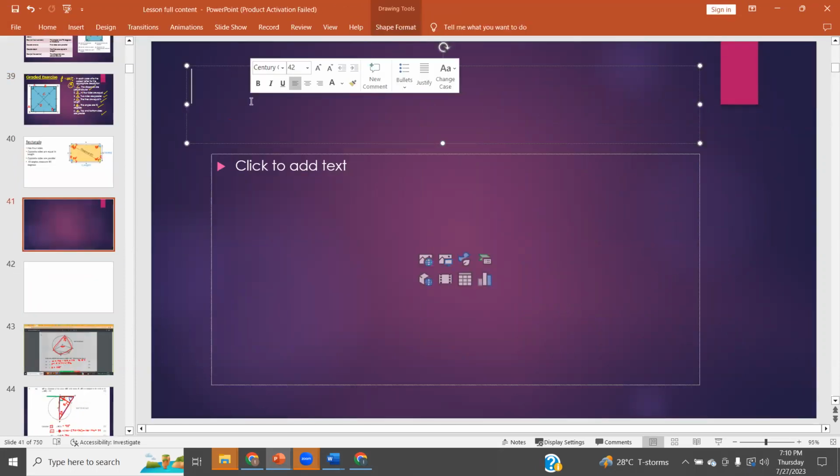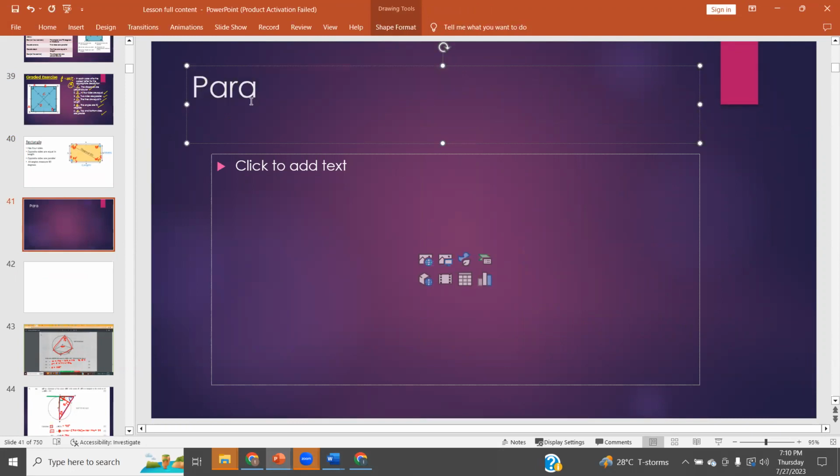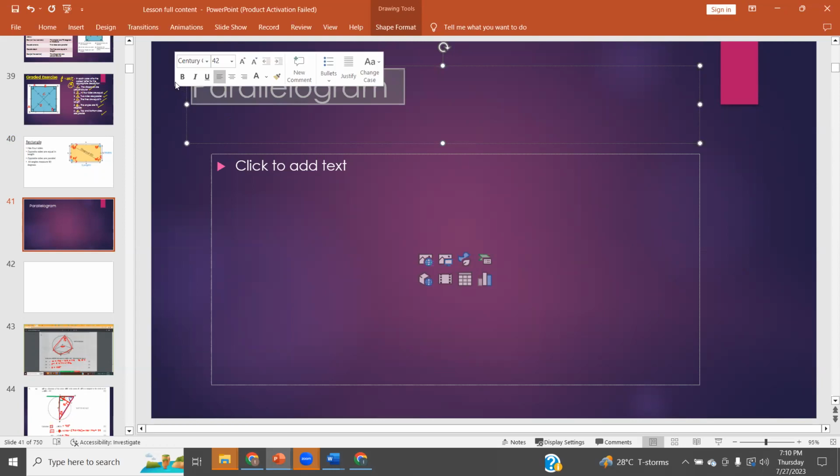Another type of quadrilateral that we could talk about, the natural extension to this, is going to be a parallelogram. So let's look at the parallelogram.